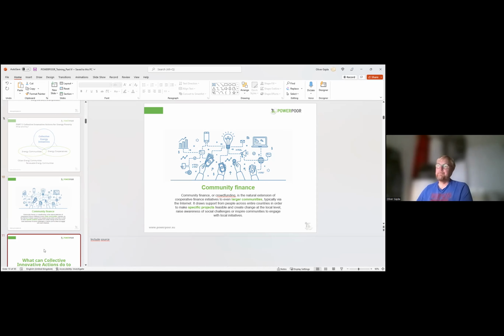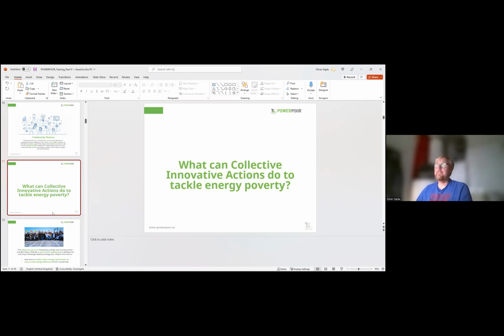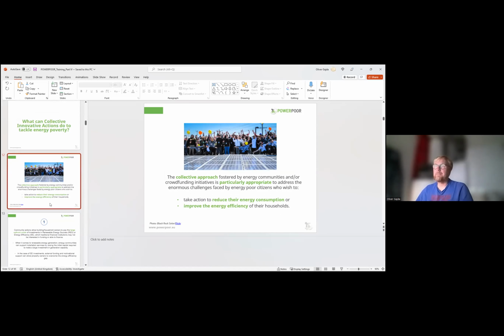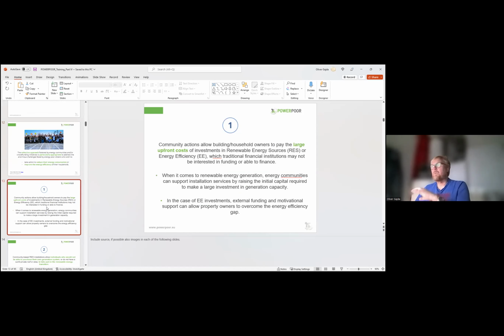So we want to see here that these communities have a common goal, that they will address it in a joint action. And so these actions would help, maybe share upfront cost or reduce upfront cost, because everyone in the community will buy the same service.